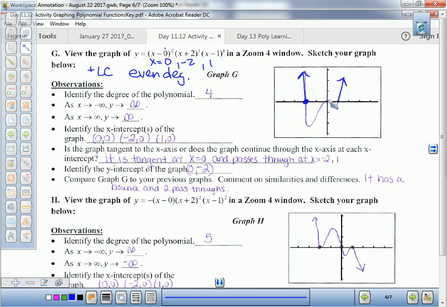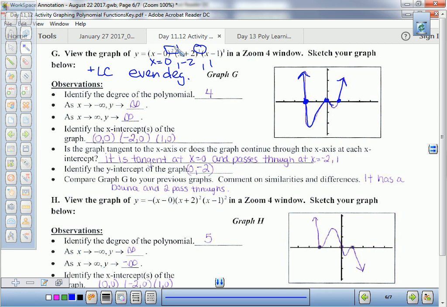So negative 2, 0, positive 1. Okay, so now I'm going to start right here. At the negative 2, it's to the first power, so it passes through. 0 is my next one. 0 is to an even power, so it's going to bounce. It is tangent there.